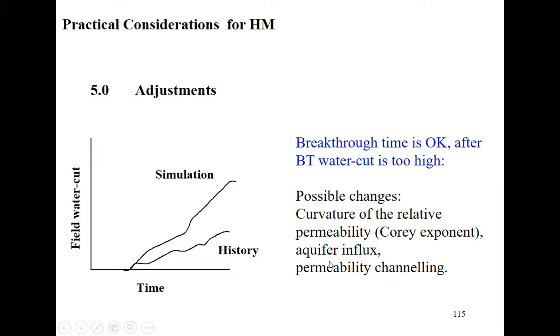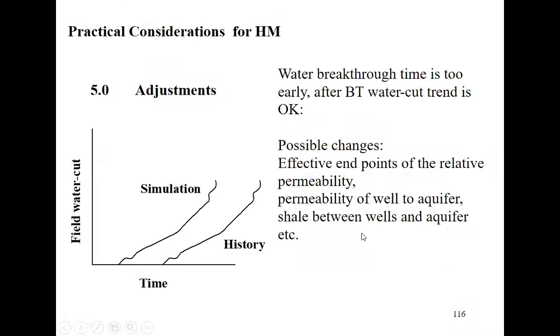Or you might have your aquifer strength very high in your model, so we might reduce your aquifer volume. The permeability is too high because the flow is coming too fast. We can adjust our permeability to reduce this water influx.